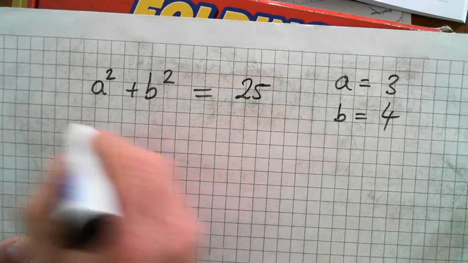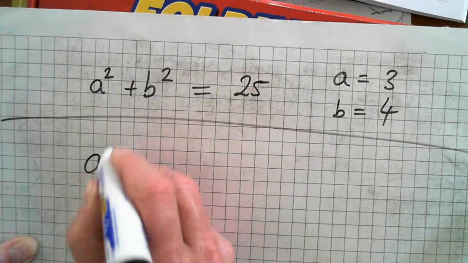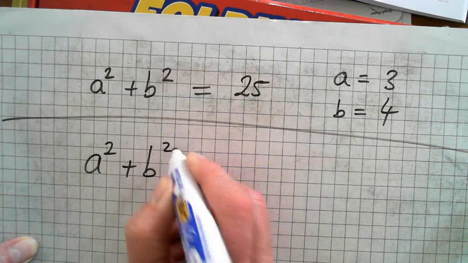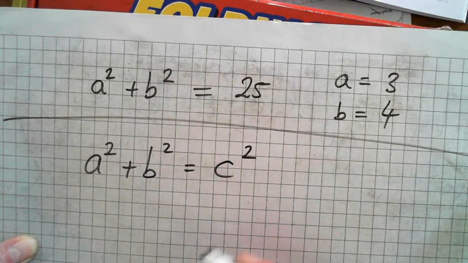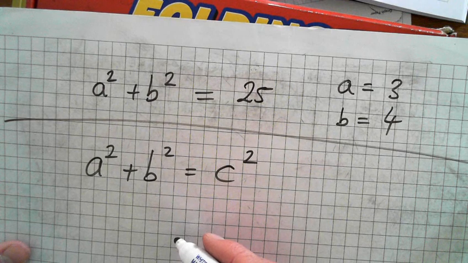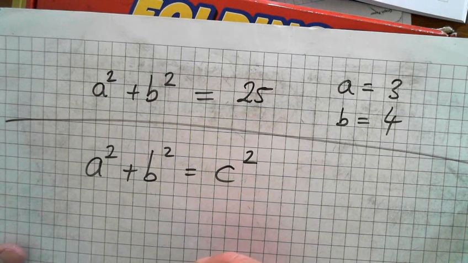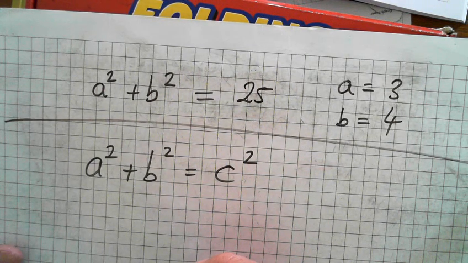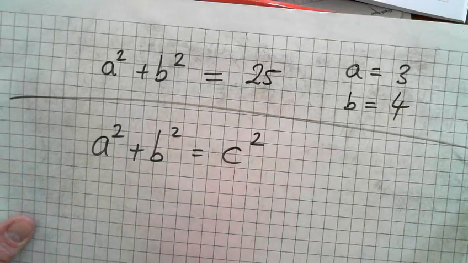Here's the second part of the sum. A squared plus B squared is equal to C squared. So we're using information from before. Find the value of C. What's C equal to?